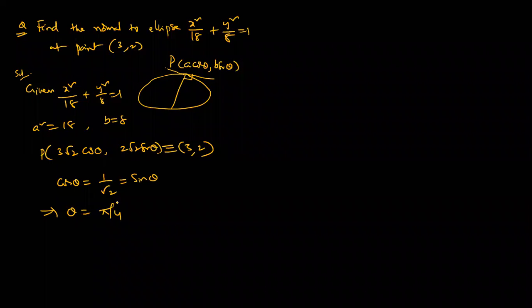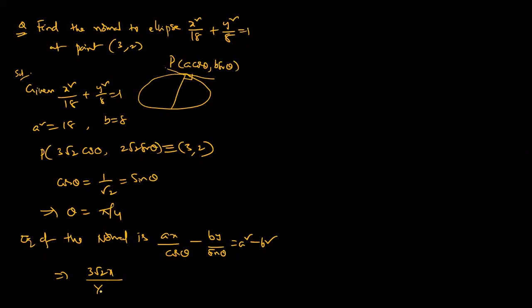From these, what is theta? Yeah, pi by 4. Now the equation of the normal, what is the formula? ax by cos theta minus by by sin theta is equal to a square minus b square. That is the answer. Dear students, here a is 3 root 2. Cos theta is how much? Simplify. 3 root 2 x by 1 by root 2, see carefully, minus 2 root 2 y by 1 by root 2 is equal to a square minus b square, that is 18 minus 8.